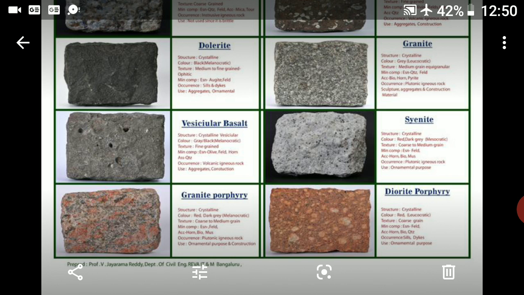Structure crystalline, color red, texture coarse grain. Mineral composition: essential feldspar group mineral, accessories hornblende, biotite and quartz minerals. Occurrence: in the sills and dikes. Uses: ornamental purpose.